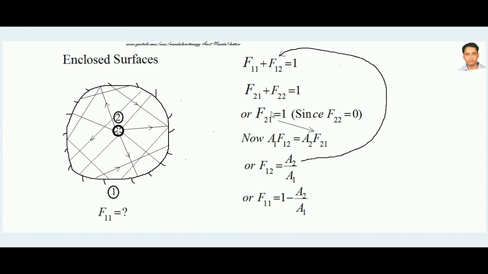So ultimately we are getting F₂₁ equals to 1. Again applying reciprocity theorem, because surfaces are at same temperature, thermal equilibrium, A₁F₁₂ is equals to A₂F₂₁. So keeping the value of F₂₁ over here, we are getting F₁₂ equals to A₂ by A₁. Now keeping this value of F₁₂ in this equation, ultimately F₁₁ equals to 1 minus A₂ by A₁. By this way we have found F₁₁.